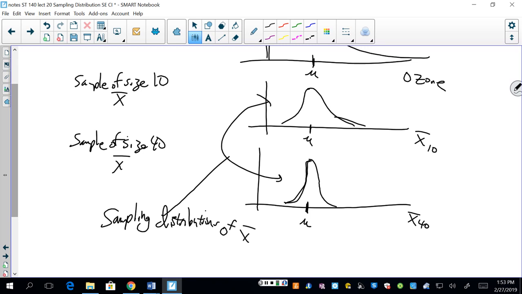And so one critical thing we're going to think about with inference and making confidence intervals is, what's the standard deviation of that sampling distribution? How far do we go out here to get typical values? What's this range? Not the minimum value or the maximum value, but what's the 95% typical range there?